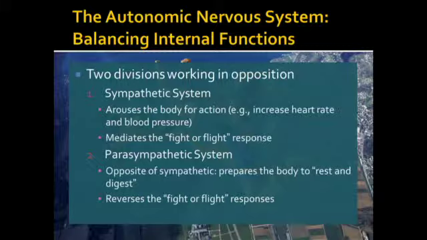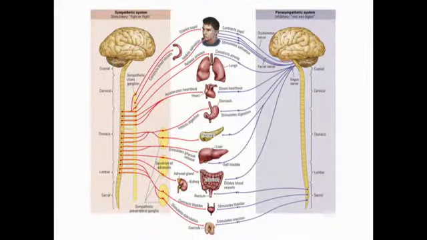This is also known as the 4 Fs: fight, flight, feeding, and sexual reproduction. So it's basically, again, activating the organism. And the parasympathetic is the one that traps energy. It's resting and digesting. And it also is responsible for shutting off the fight or flight response. So different groups of nerves that are attached to the same regions of the body. And you'll see this in this other image here, where we have the parasympathetic and sympathetic divisions.